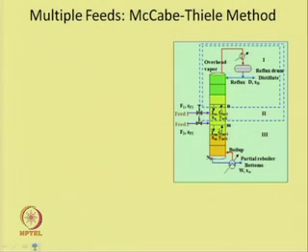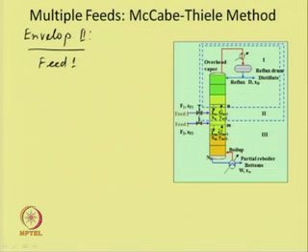If we consider envelope 2, it incorporates the feed 1. Then we can calculate L dash and G dash from the vapor and liquid compositions, which is from the flow rates of the liquids and gas in each tray.